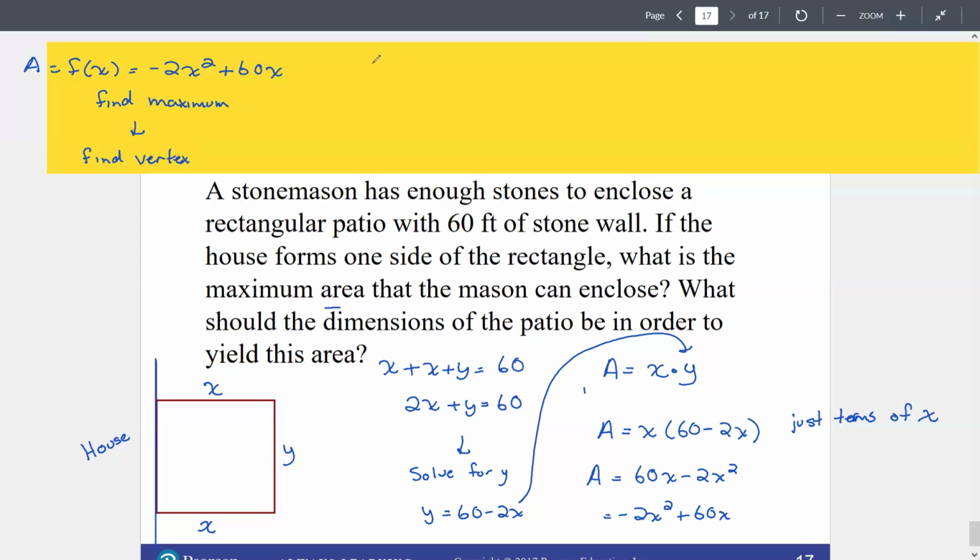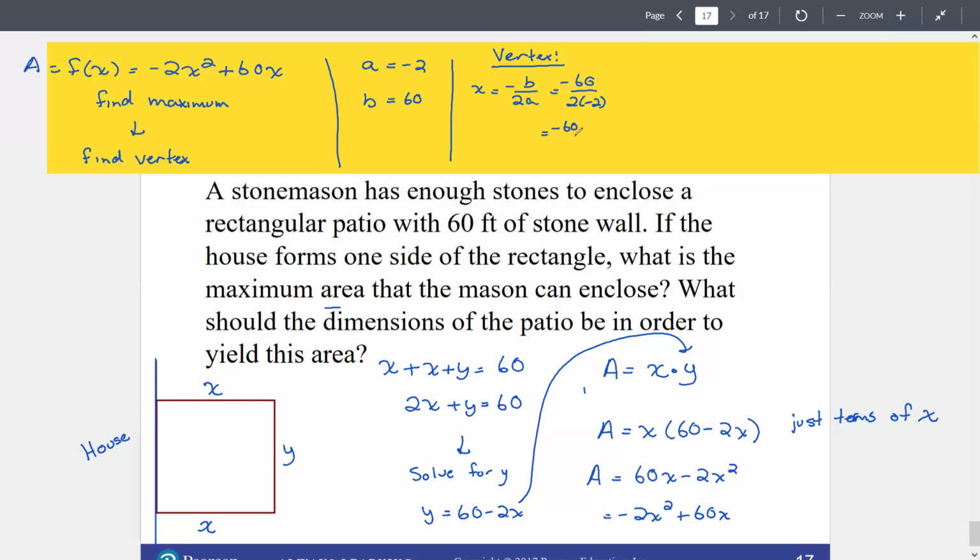So we know that according to this, my a is -2, my b is 60. We don't have a c, that's fine. So if we're trying to find the x coordinate of my vertex, the x coordinate is going to be -b over 2a. So in this case, it's going to be negative 60 over 2 times -2.